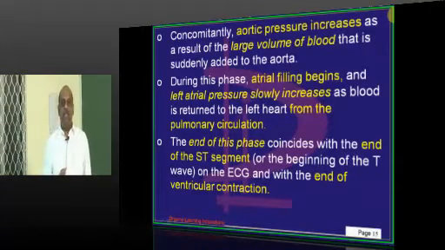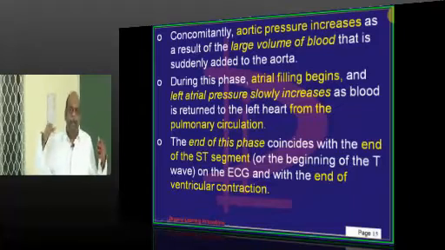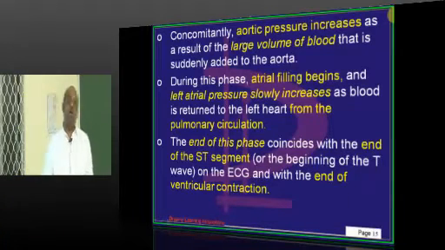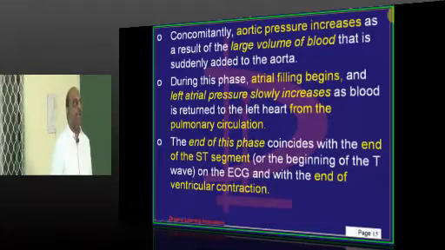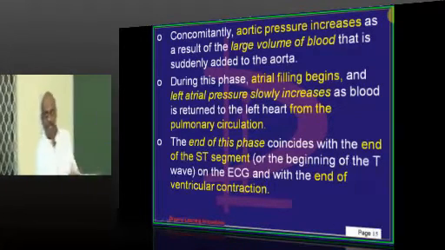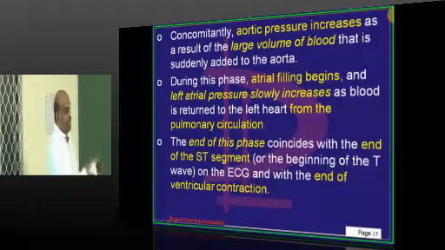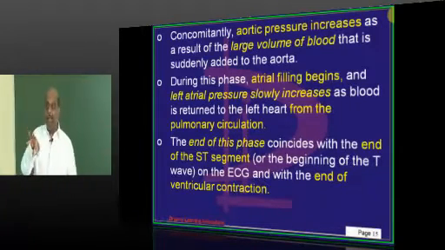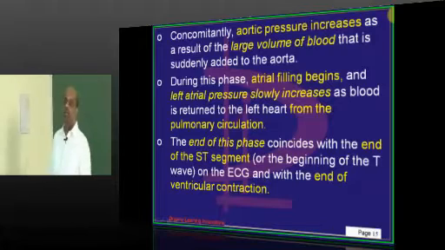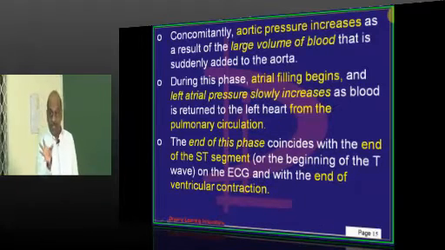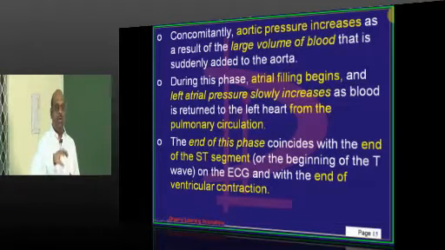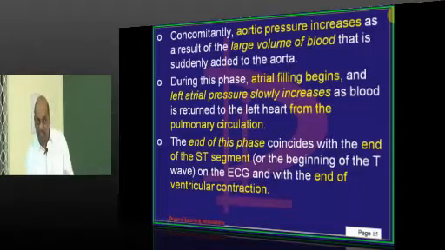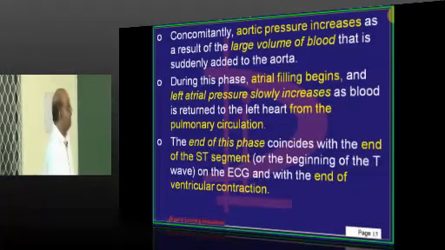And during this phase, when the ventricle is pumping the blood into the root of the aorta, what is atria doing behind? During that time, atria is getting filled from the SVC and IVC. And because of that filling, if you look at the left atrial pressure tracing, what will it show during the time of the rapid ventricular ejection? The left atrial pressure slowly keeps rising because of the blood which is coming from the venous circulation.